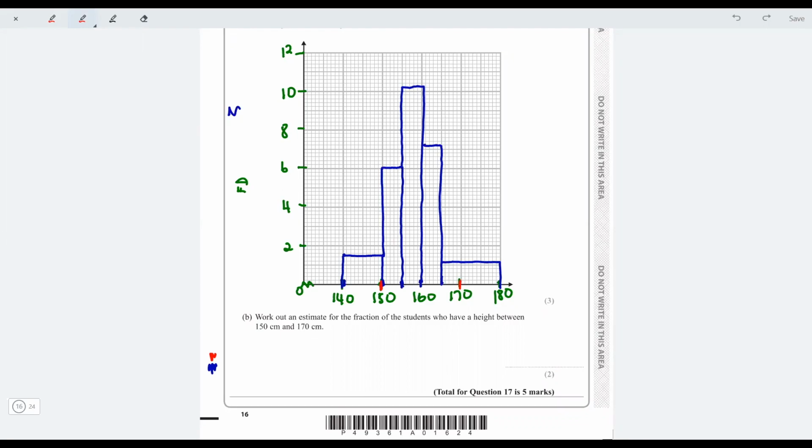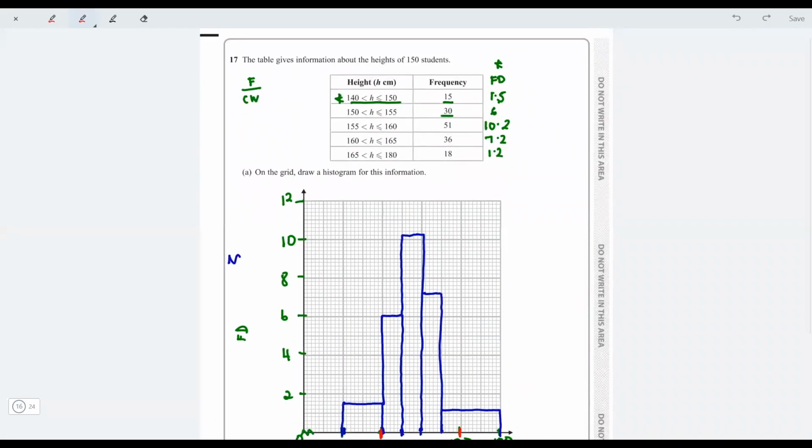So what I'm going to do is count the number of squares, because I do not know anything about this histogram, do I? Because it just says the table gives information about the heights of 150 students. I'm going to see what each box represents.